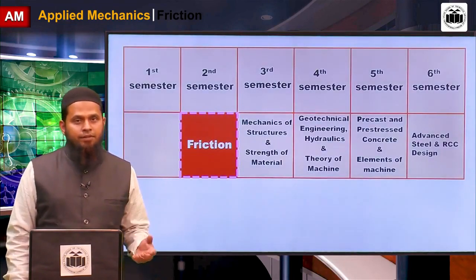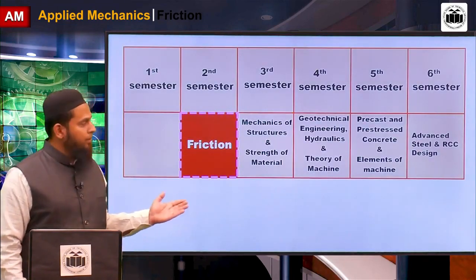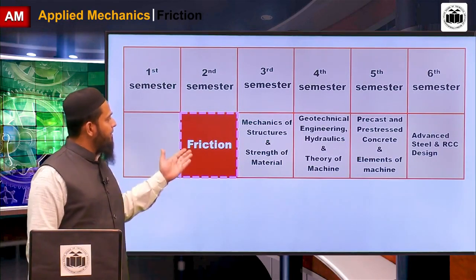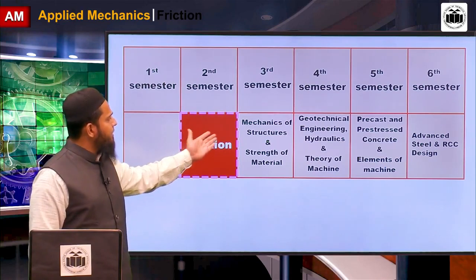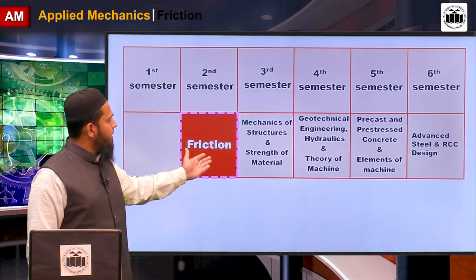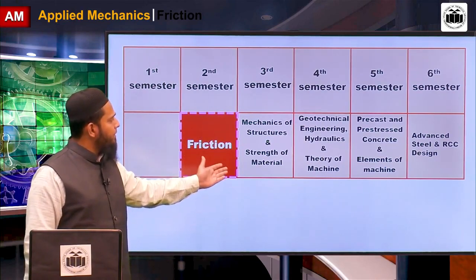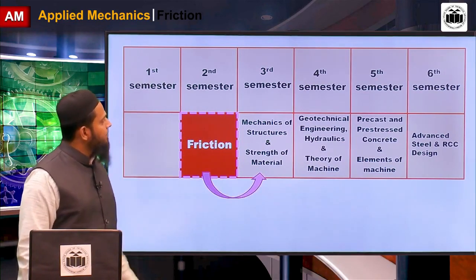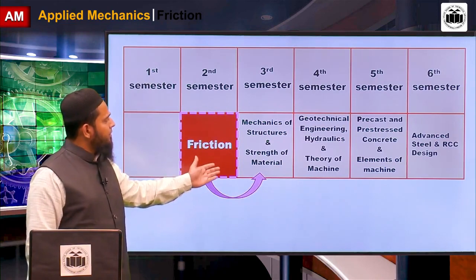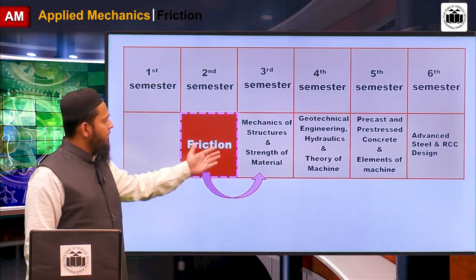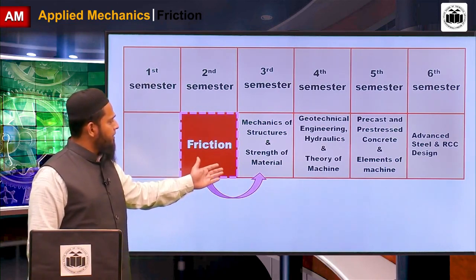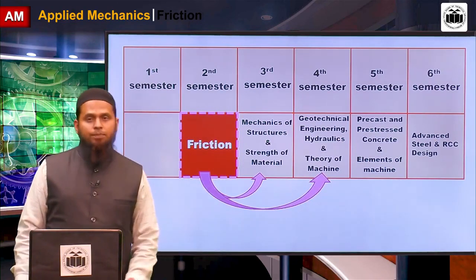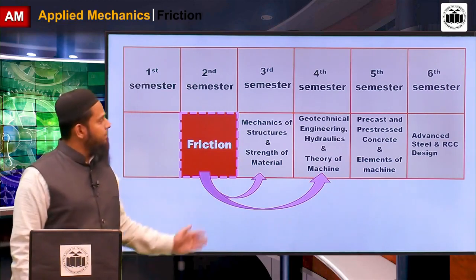Now we will see the relevance of friction with various subjects. In third semester, for civil engineering, mechanics of structure, and for mechanical, strength of material, friction comes in. In fourth semester, for civil engineering, geotechnical engineering and hydraulics, and for mechanical, theory of machines, this topic is used.